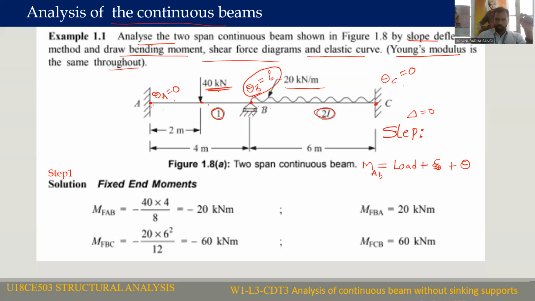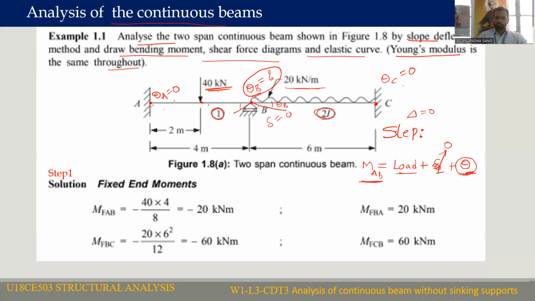For the roller support, delta will be 0 and rotation theta B will be there, which we need to calculate. Since delta is 0, the final end moment is due to only loading as well as rotations.